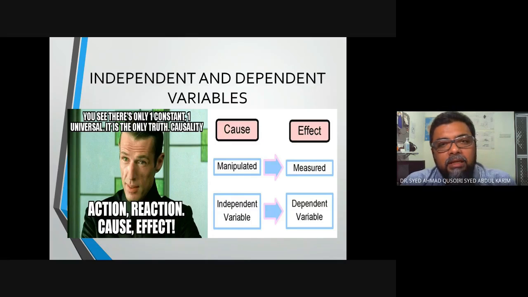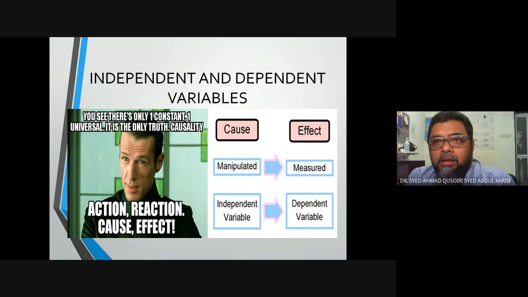In causality, there is action, reaction, cause, and effect. The IV and the DV are manipulated and measured. That's what I've shown in the diagram here. It is causality. We have cause, we have effect.